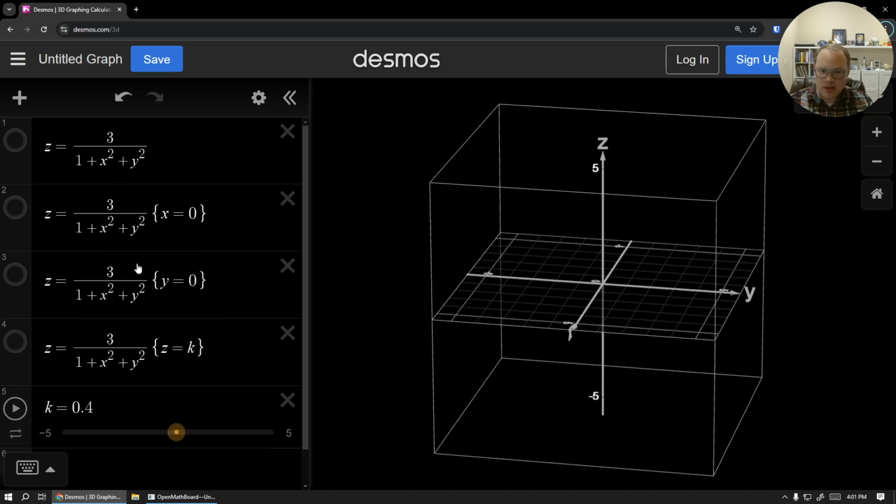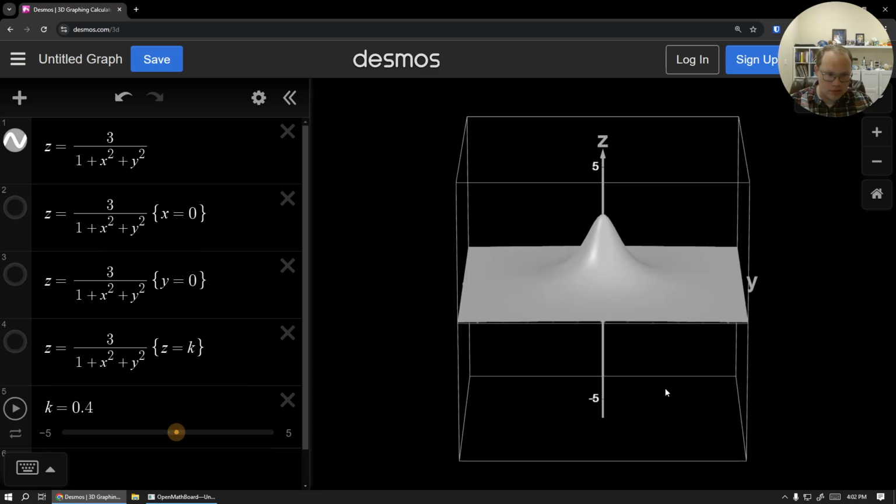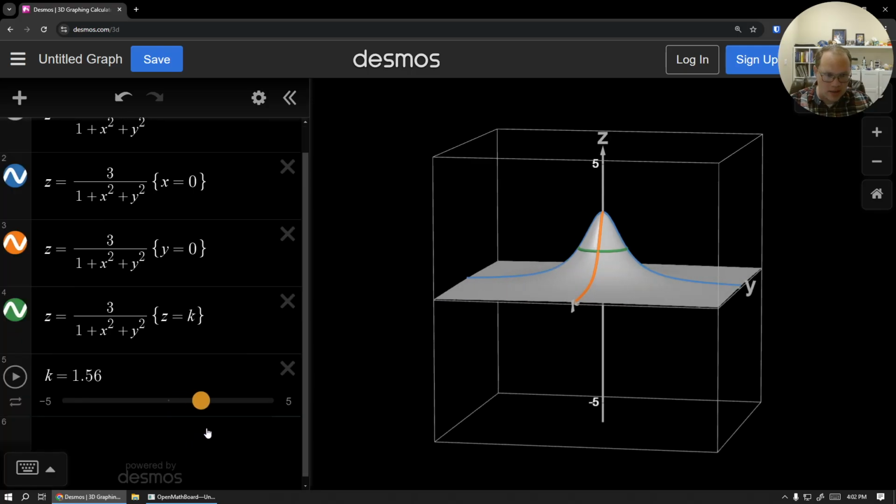Okay, so let's see it here. There it is. There's our mound. And it does match all the level curves we've looked at.